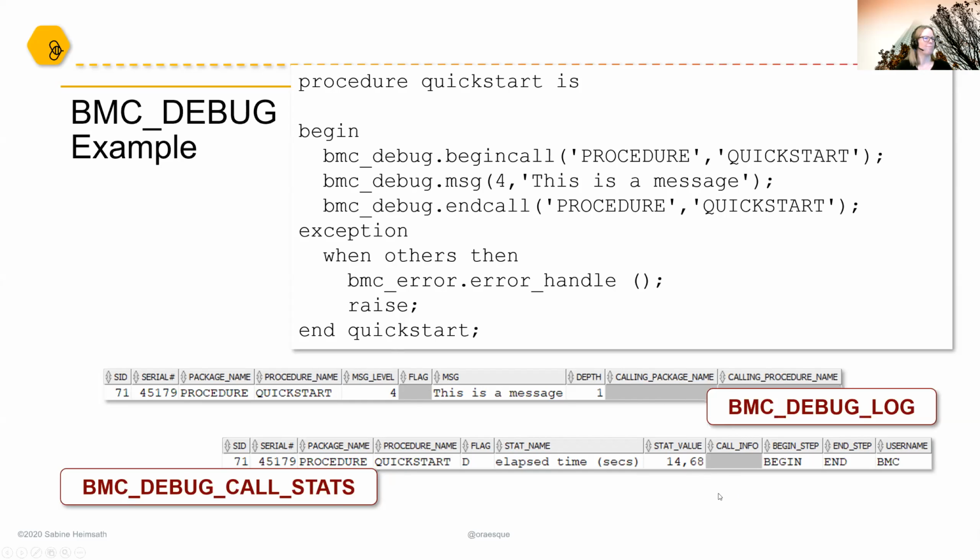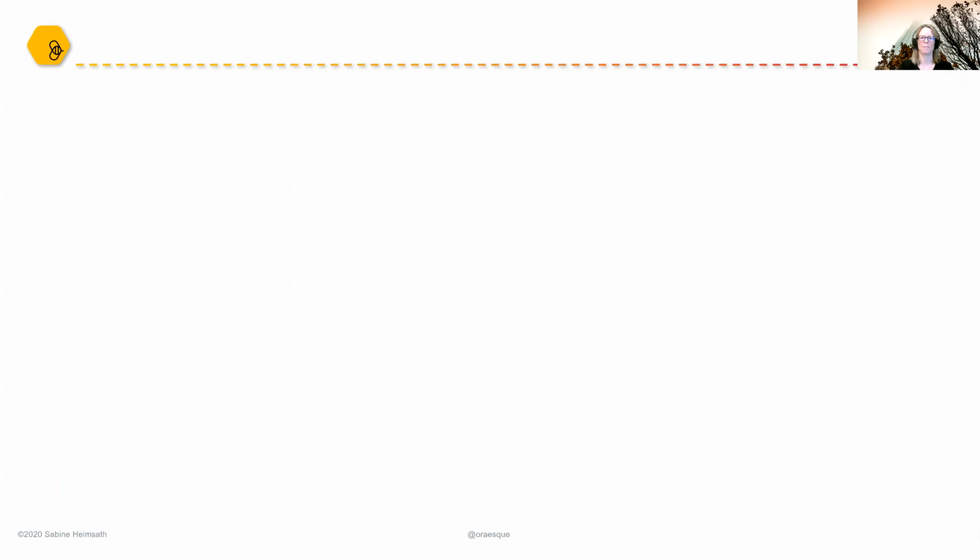No surprises here, I guess. Again, time is logged, messages are logged, parameters as you like it. And I think that's exactly what people need. Okay, that was the easy part, I think. We're all familiar with PL/SQL coding.